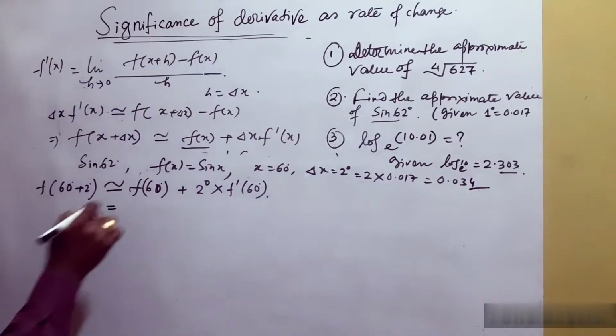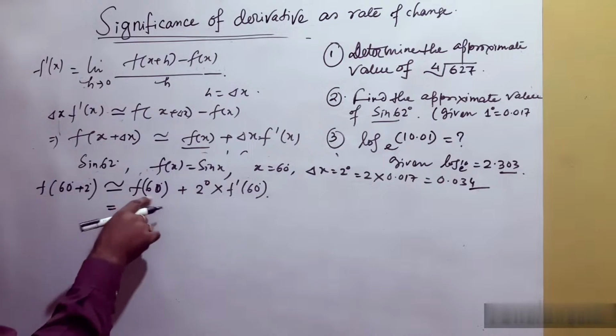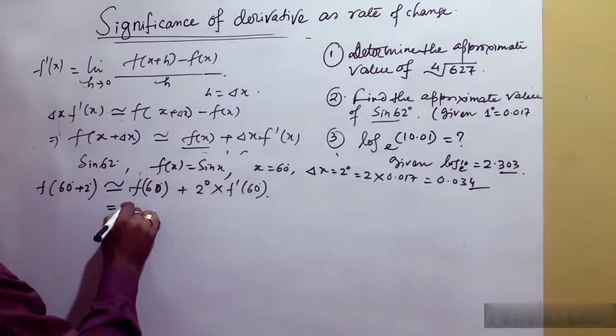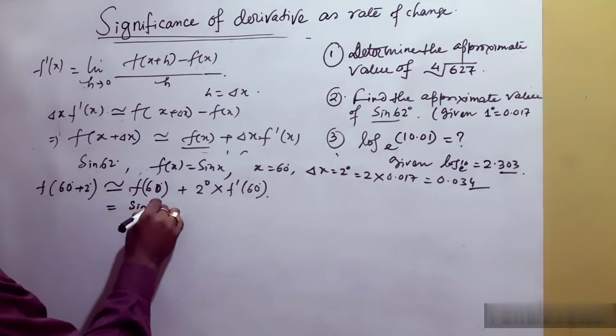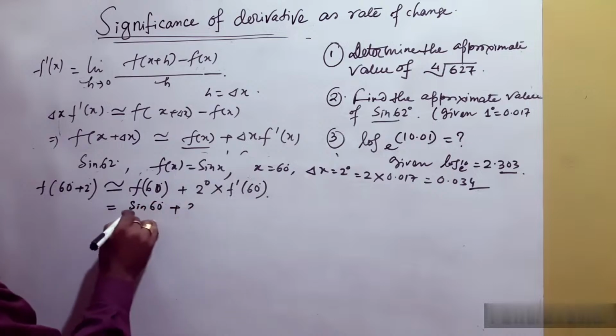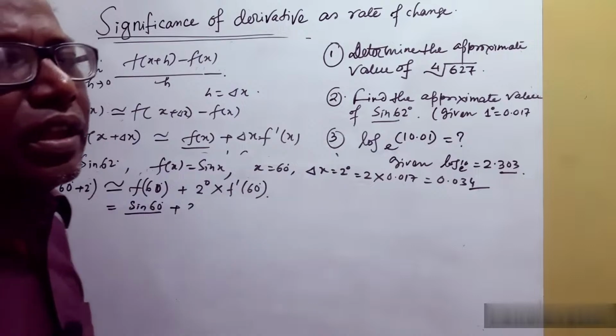Here f of 60 is sin 60 degrees, and the value of sin 60 is root 3 by 2.